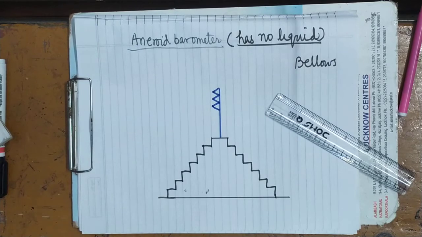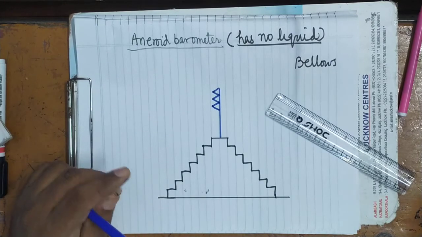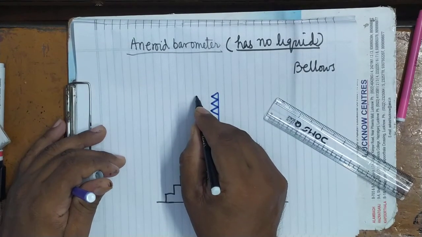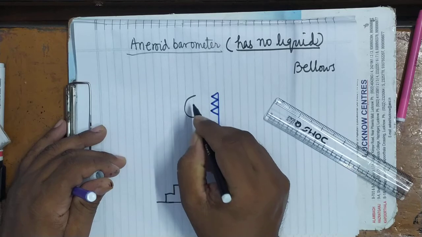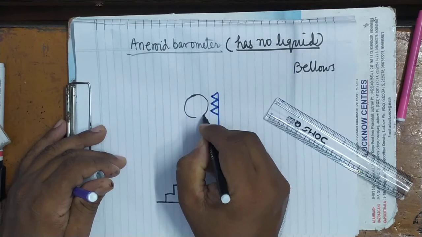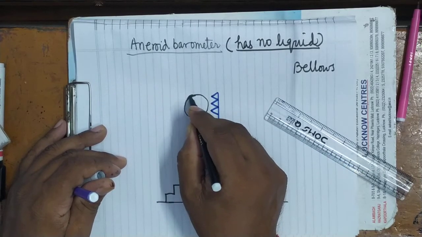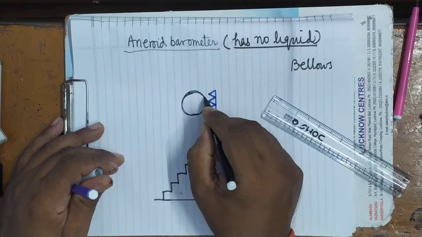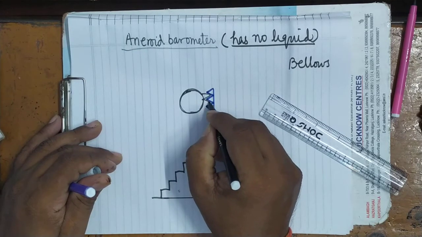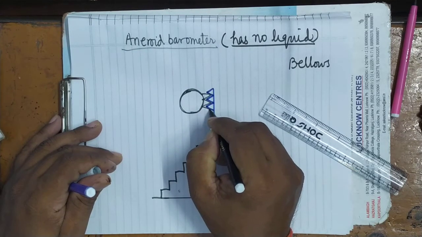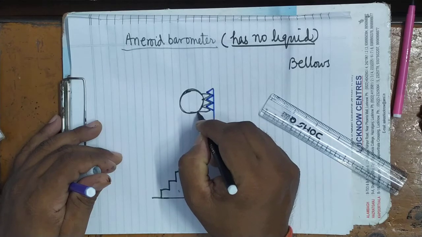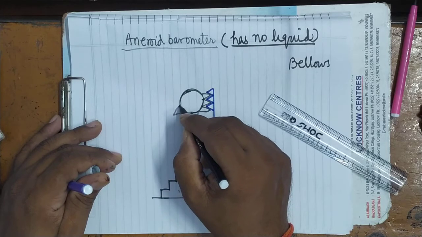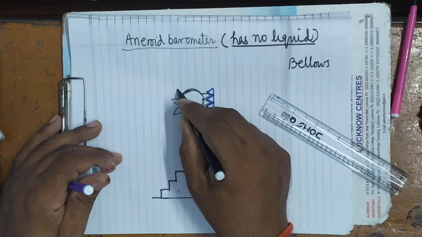Then there is a circular wheel which also has teeth along its circumference. Here this is the circular wheel, and it also has teeth along its circumference. So these teeth will be interlocked.